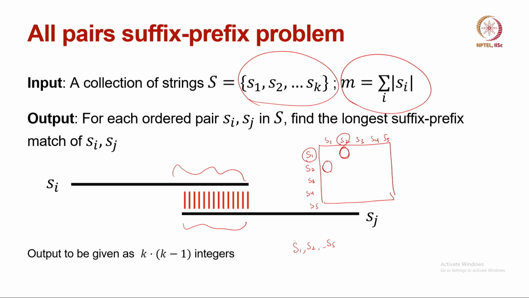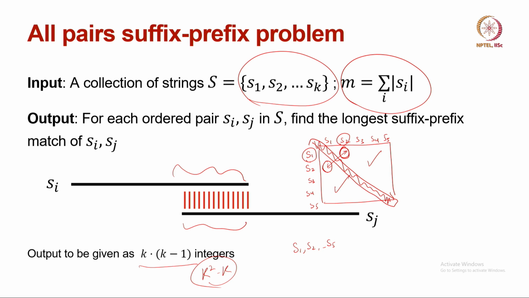Similarly, this cell is also important, because this cell tells me the longest suffix of S2 that matches prefix of S1. So, these two values can be different, and the diagonal values do not matter, because I am not interested in knowing the suffix prefix match of string Si with itself. So, ignoring the diagonal values, we have to compute all these k square minus k values.